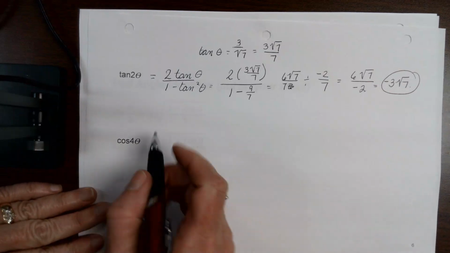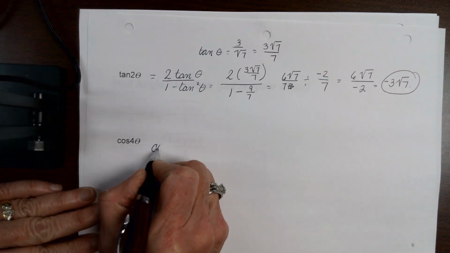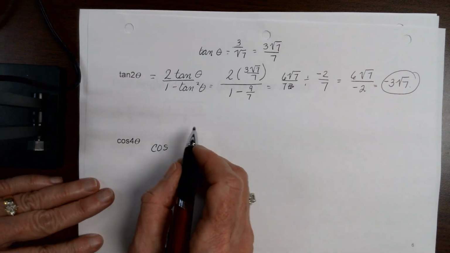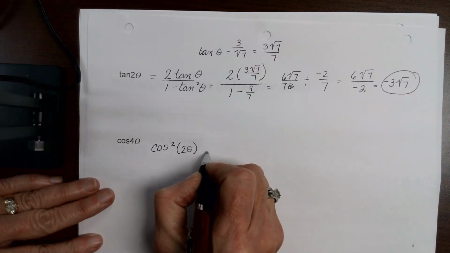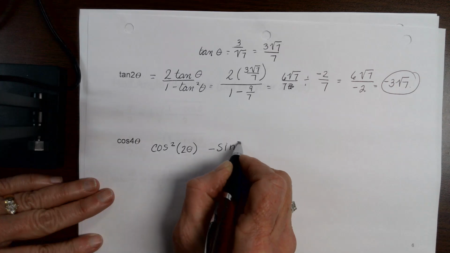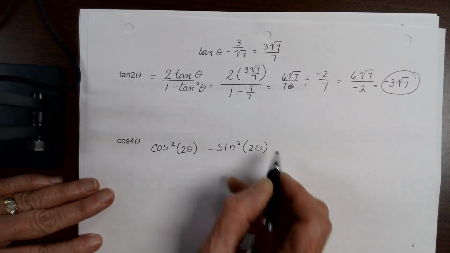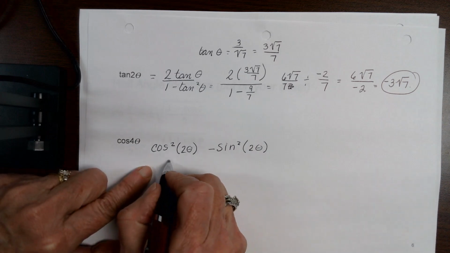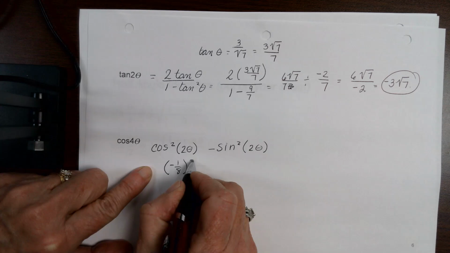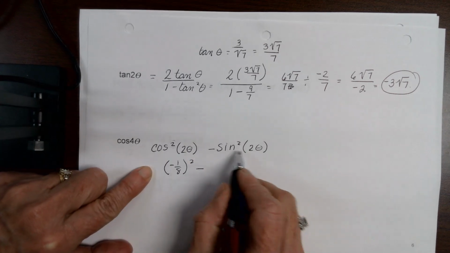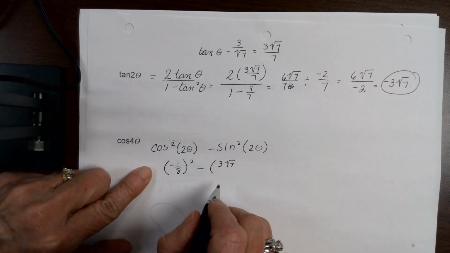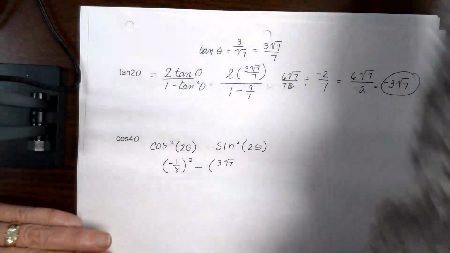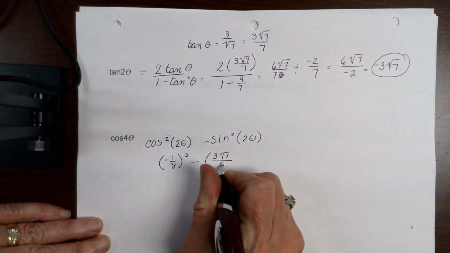All right, remember on this one, I've got to go back and use the answers to my cosine of 2 theta and my sine of 2 theta, because now my angle is 2 theta. Okay, my cosine of 2 theta was negative 1/8, so I'm going to square that because I've got the square there. My sine of 2 theta was 3 on the square root of 7 over 8, squared.